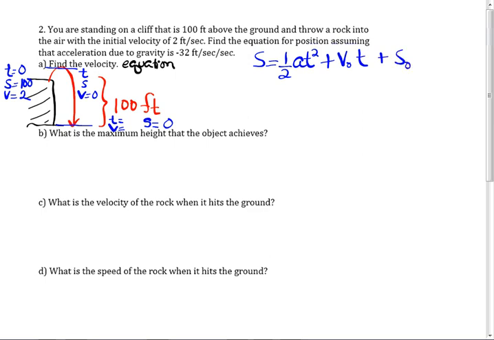Is that okay? Well, that's just the generic equation. Let's put our numbers in now. So what's a? Negative 32. And the science people would be upset because I'm not putting my units in, but what's your initial velocity? 2. And your initial height is 100.